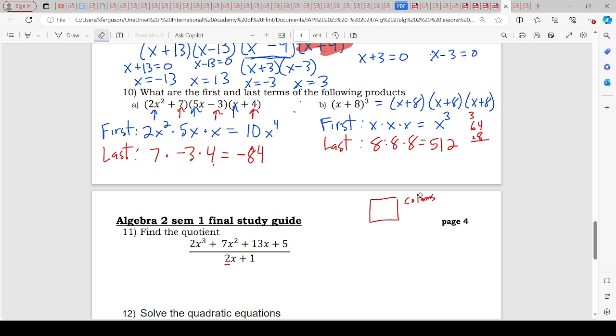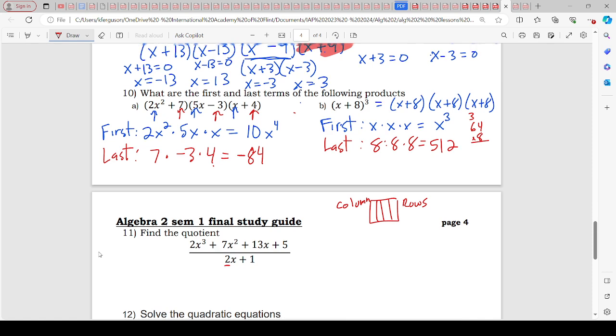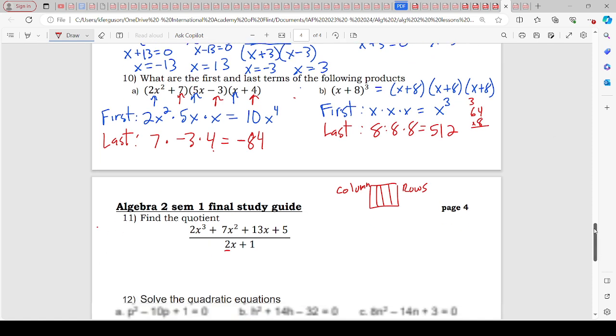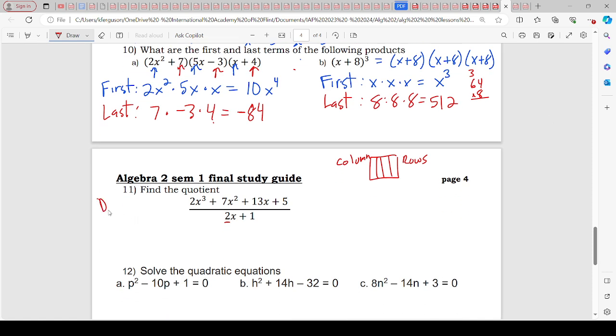How many columns and rows it has: columns are going to be decided by the top expression. Rows are going to be decided by the bottom expression. So how many columns do we have? I take the degree of the top.